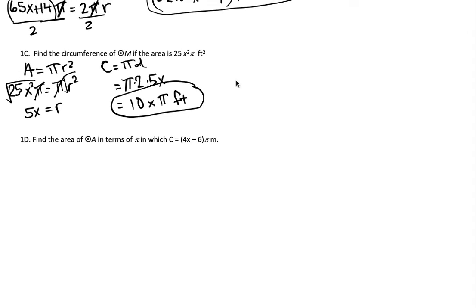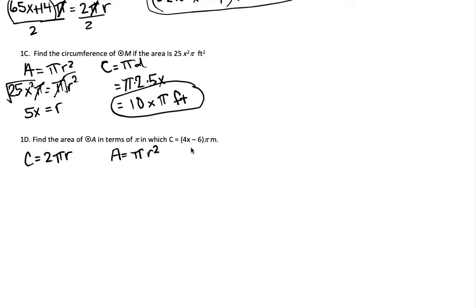That is my circumference. Another one. It says find the area in terms of pi when the circumference equals this. So this time we're given the circumference and we need to find the area. So again, we'll basically have to find the radius. So we'll use this information. Circumference is 2 pi r, and area is pi r squared.